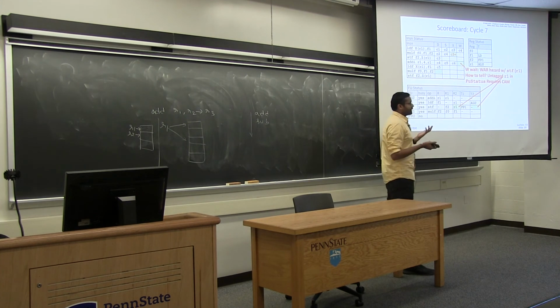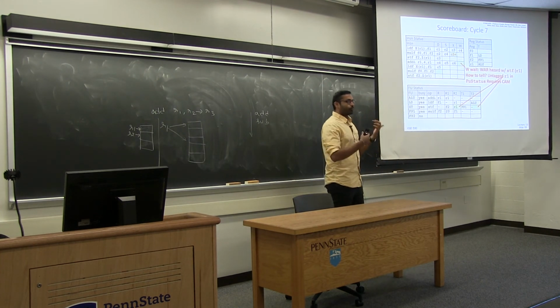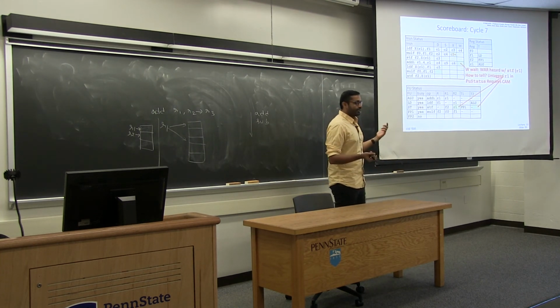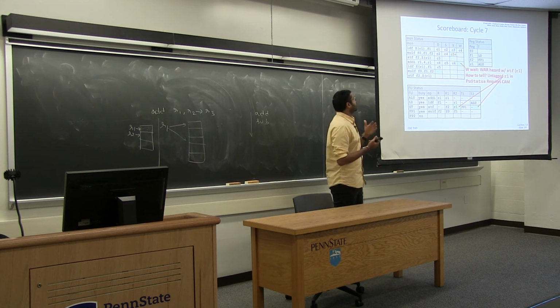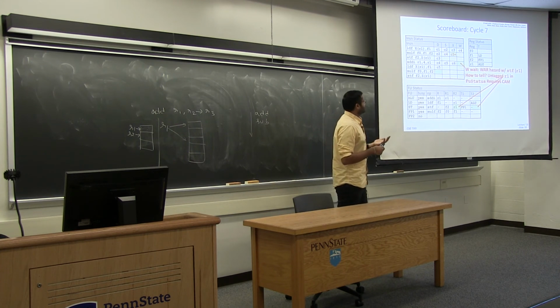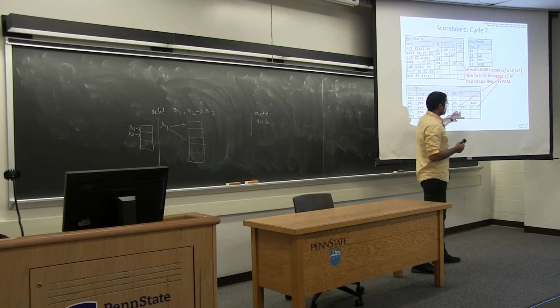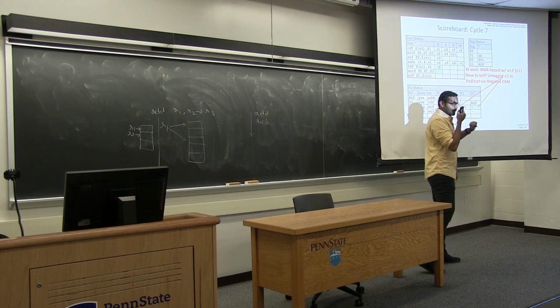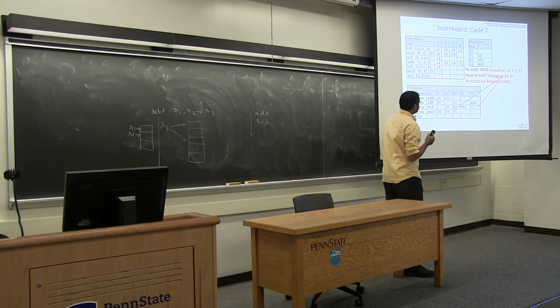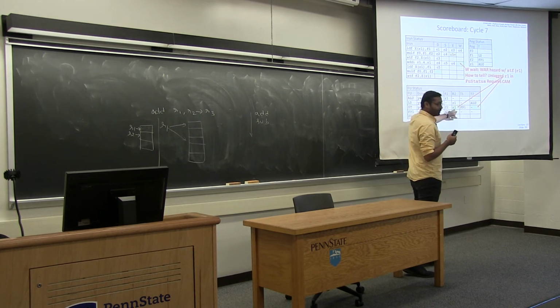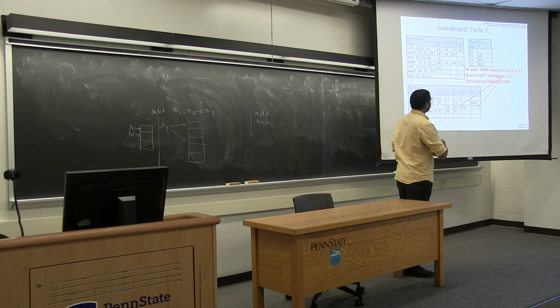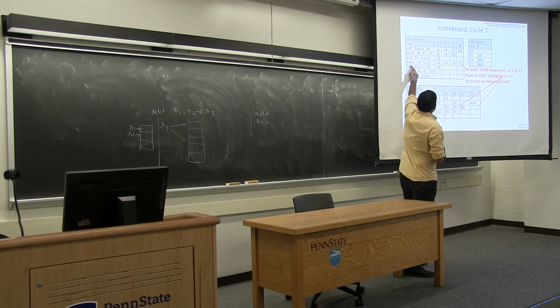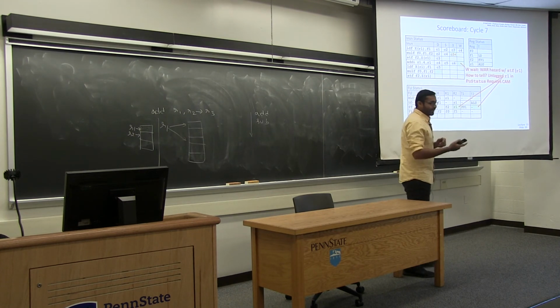So how do we identify that we have a potential write after read hazard and we have to stall the add instruction from doing the write back? We again look back at the functional unit status table. If we look at the functional unit status table for R1 here, we know that the add instruction is going to write to R1.